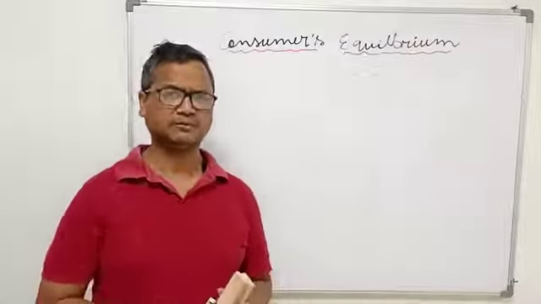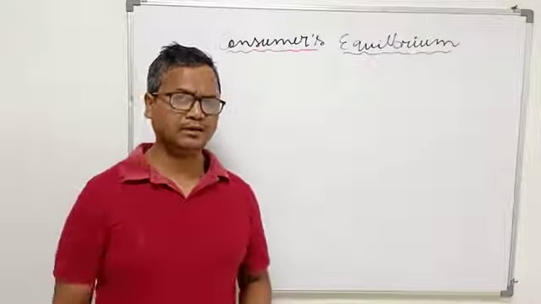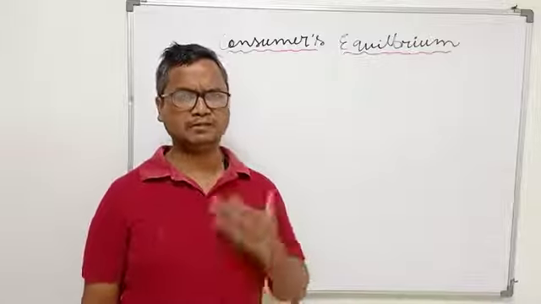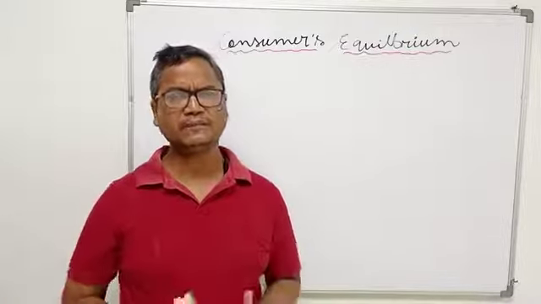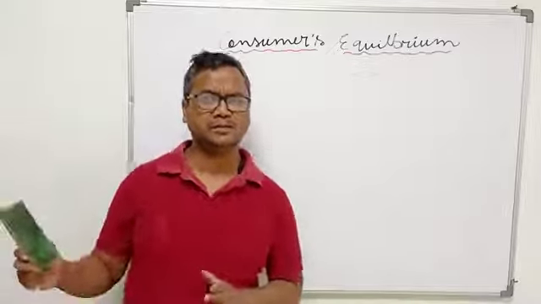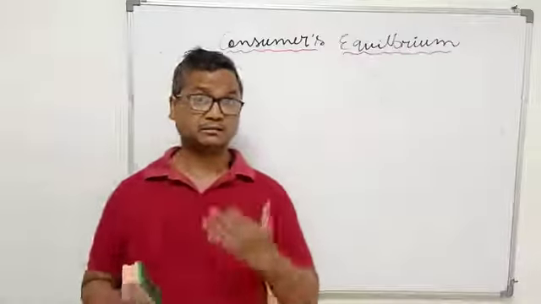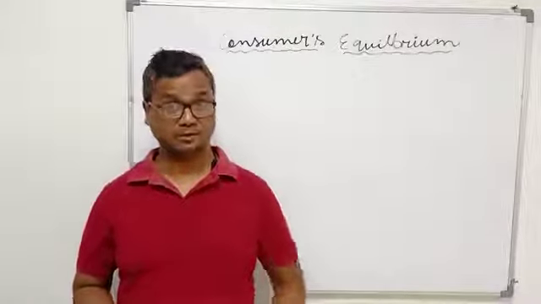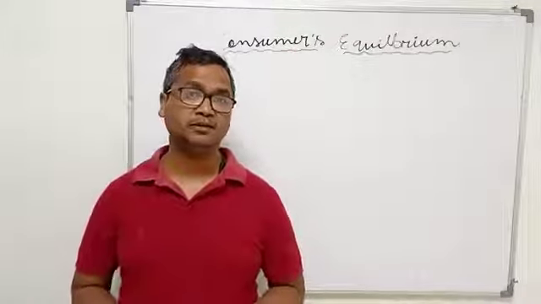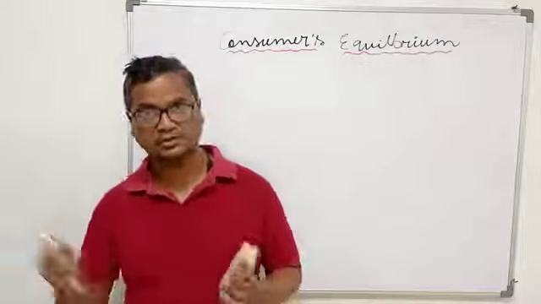For example, you can say I want to have a car, and my preference is that I will get more satisfaction if I purchase the Audi car. Got it? But at the same time, you have to see whether you have that amount of money or not, whether your budget allows you to purchase the Audi car.